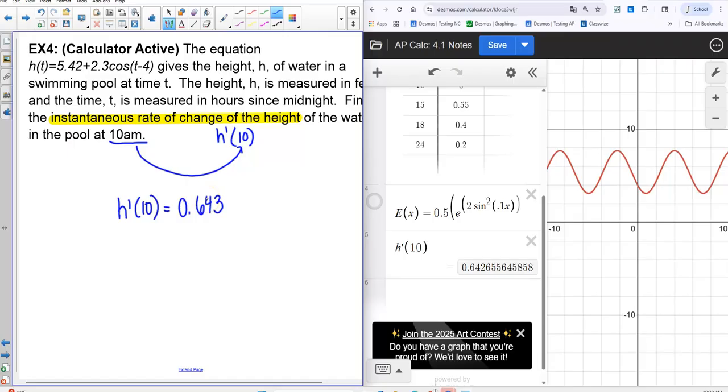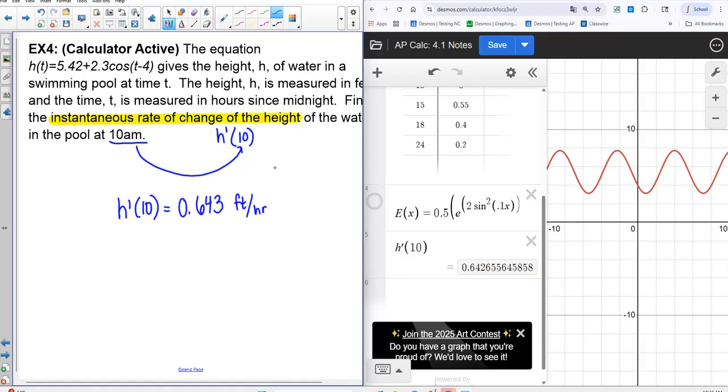You could keep more decimals if you want: 0.643. And then I want to put units with it, because this is certainly a problem that has units. Connor, what would our units be for this one? I think it's okay to just say feet per hour here. So this is kind of the opposite of what we were doing in 3. We're not having to explain it.